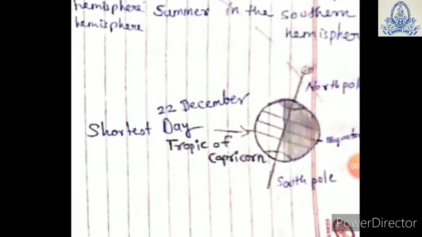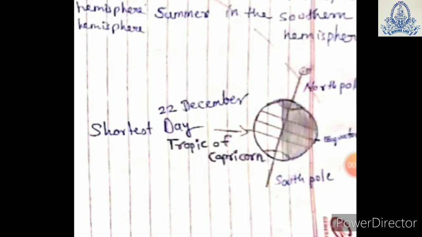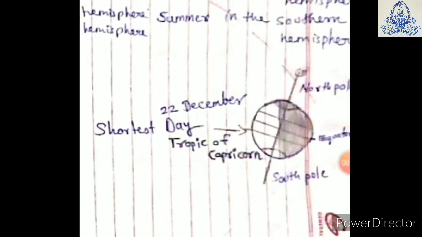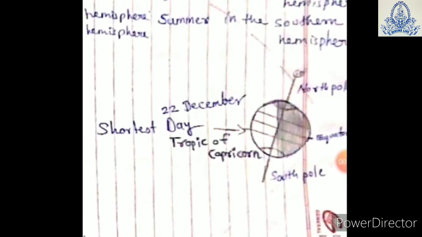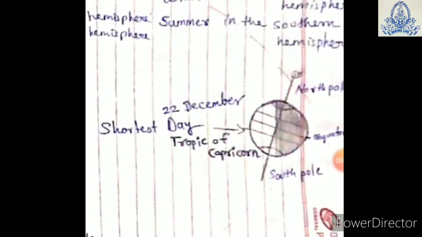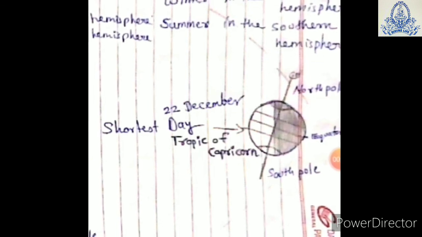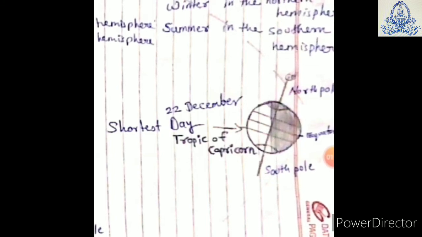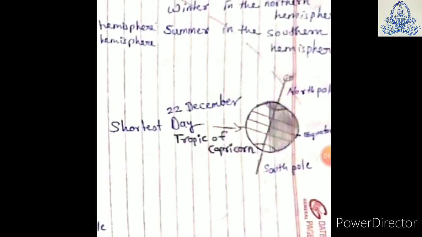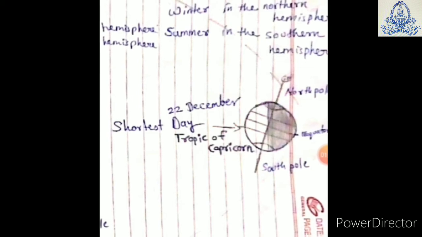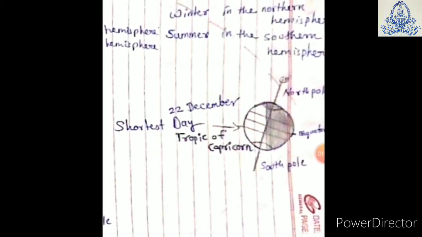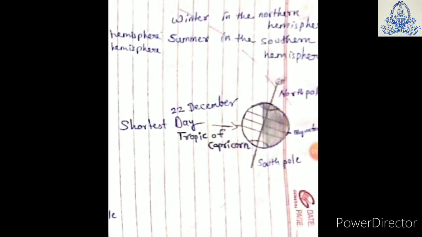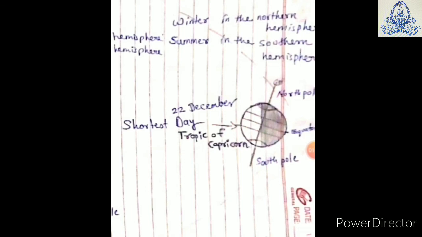Now we already know from this diagram that the southern part of the earth is tilted towards the sun. So the southern part is getting more sunlight, so summer will be experienced. Summer means the day will be long and the night short. In the opposite, the northern hemisphere is away from the sunlight, so that part is getting very little sunlight.